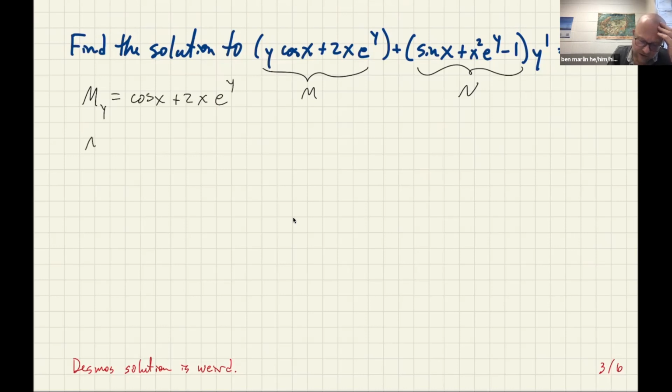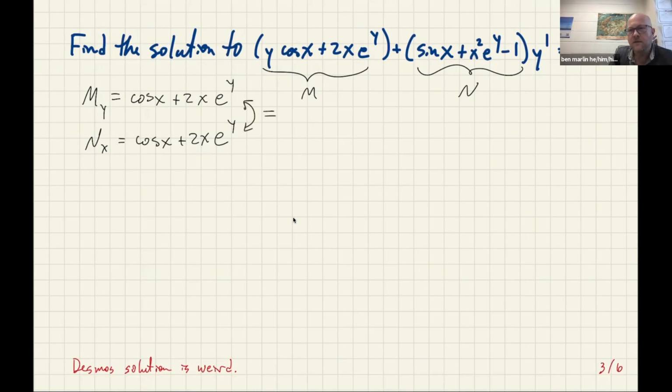All right, and then we'll take N sub x, and we will get derivative of sine is cosine, looking good, plus 2x, and leave the e to the y alone, and then the minus 1 will go away. So we do, in fact, have these things turning out to be equal.